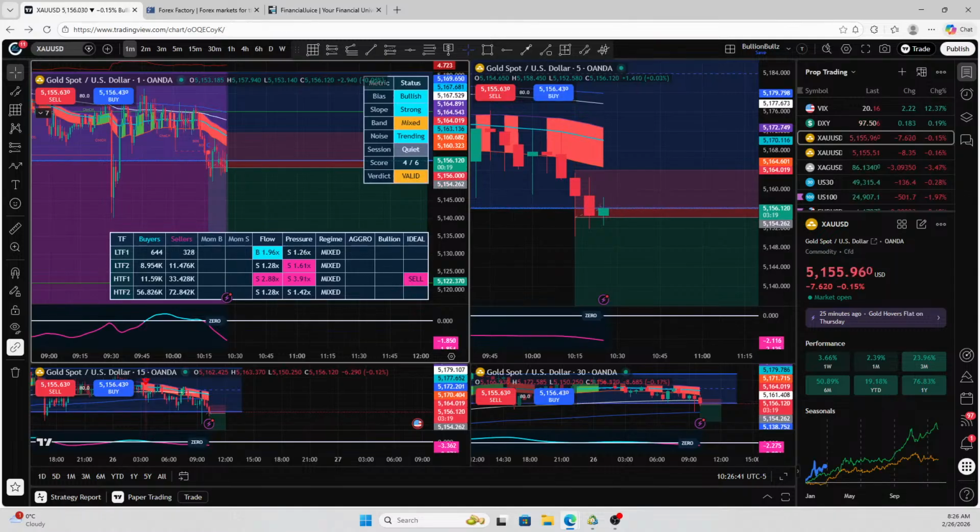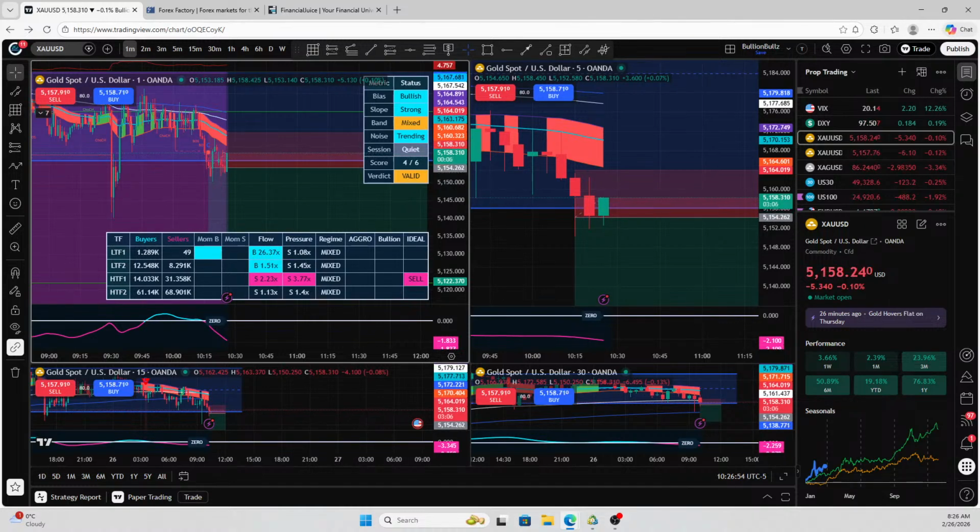Gold is defending this level very strongly. Volume is still heavy on the sell side, but buyers are very aggressive at this level.